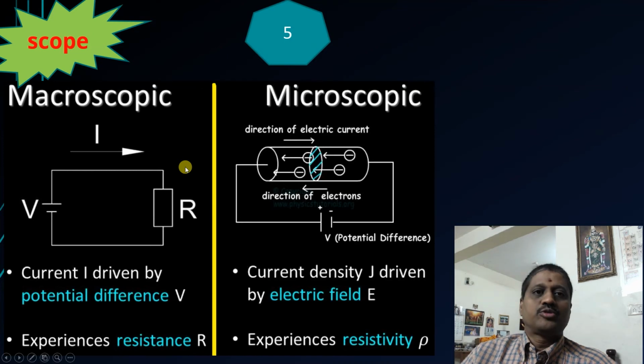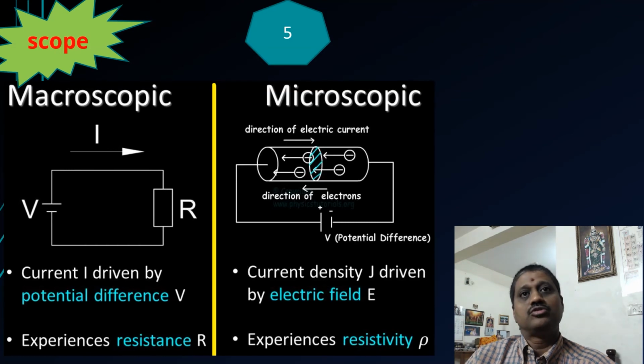On the microscopic scale, for whatever applied electrical field, how much current density is driven, that experiences resistivity. The resistivity is the ratio of electrical field divided by current density. So you have to understand this macroscopic scale wise. This you have to apply in 12th and in competitive exams. So this is an important factor.